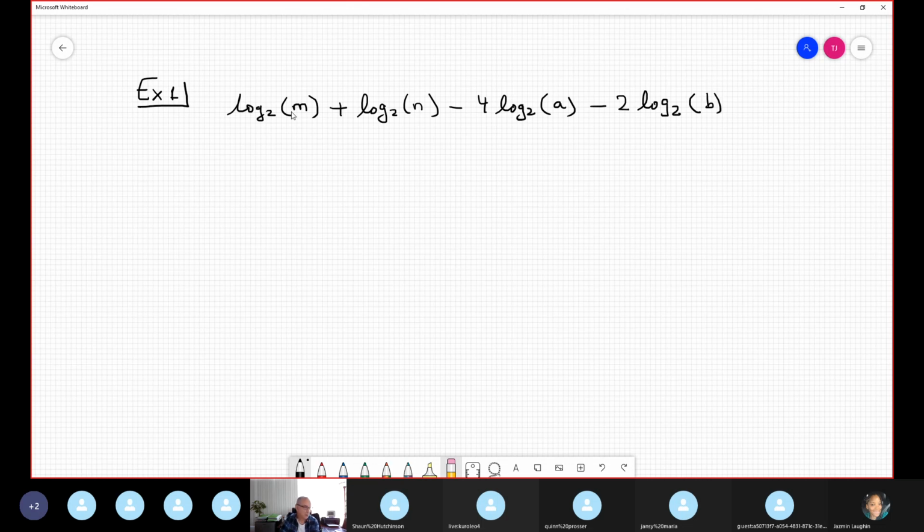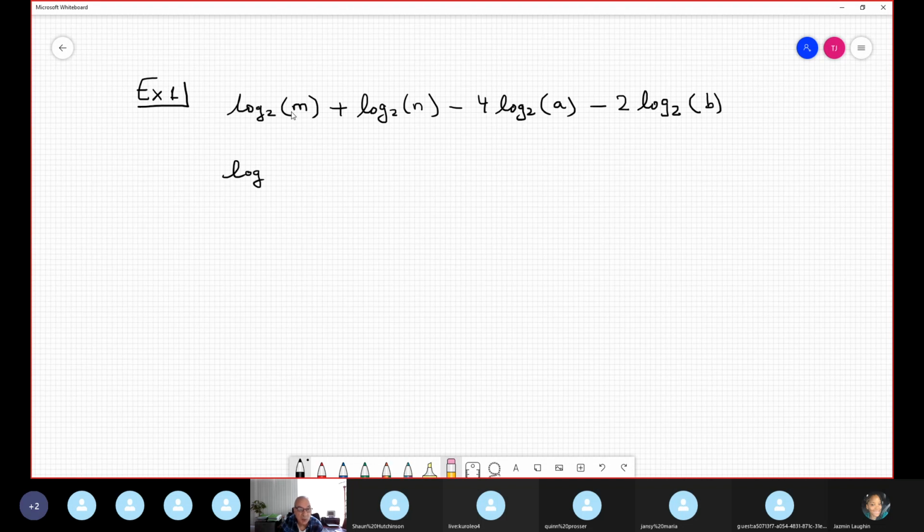And they want that you condense. That is, condensing is the action in which you express this long expression as a single, only one logarithm. Log something.